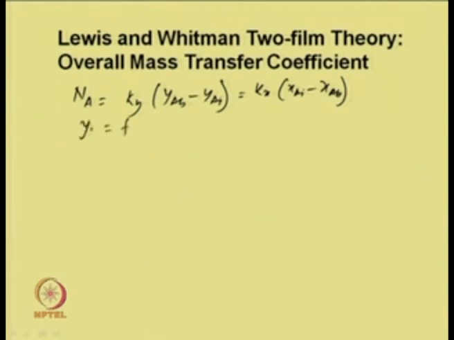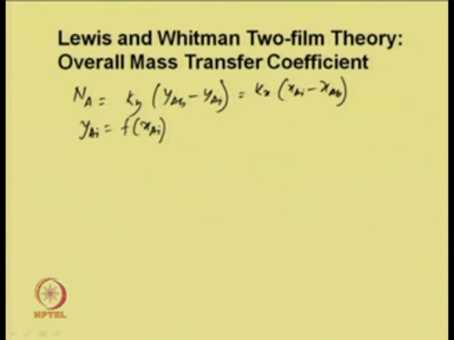The flux NA from the figure we can write Ky (YAB minus YAI) is equal to Kx (XAI minus XAB), and YAI is a function of XAI.